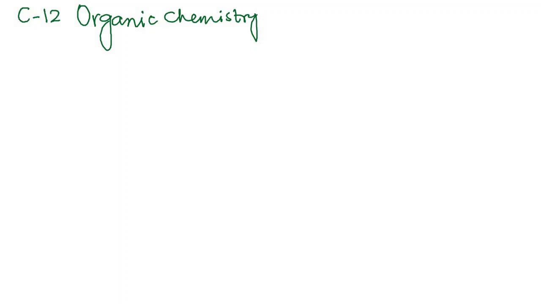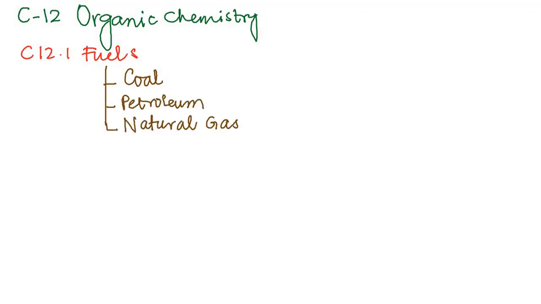In organic chemistry, the first topic is C12.1, which is about fuels. We need to know three types of fuels, which are coal, petroleum, and natural gas. For all these three types of fuels, the boiling point decreases as we move from coal to natural gas.